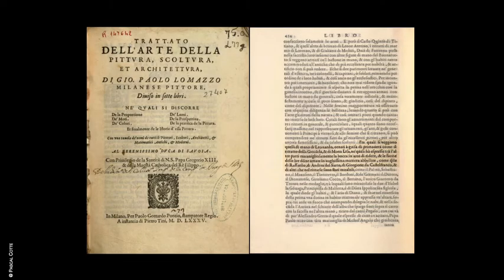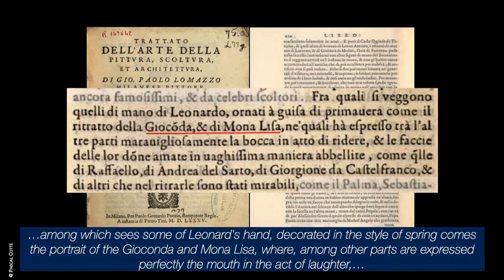We might have suspected that the portrait of Lisa Gherardini is hidden underneath. The biographer Paolo Lomazzo has collected the testimony of Melzi, a pupil of Leonardo, who testifies very explicitly two portraits in one.